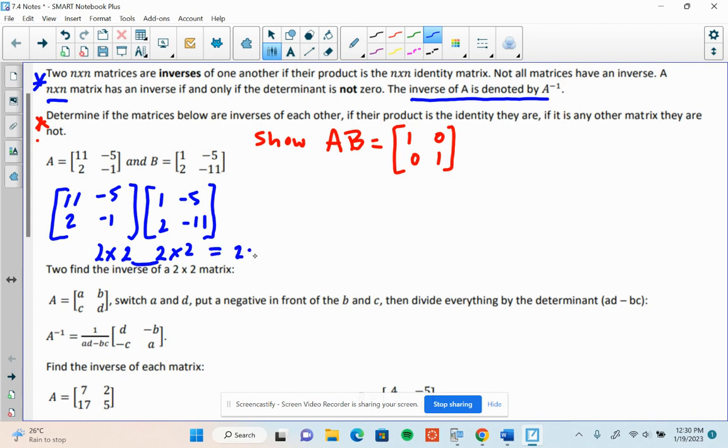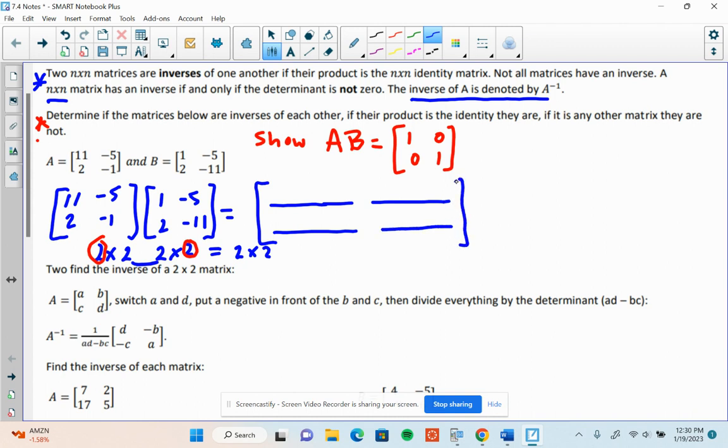Use the outside numbers to tell you the size of the product. So we have a 2 by 2, and I have 4 spots that I have to fill, 2 rows, 2 columns.